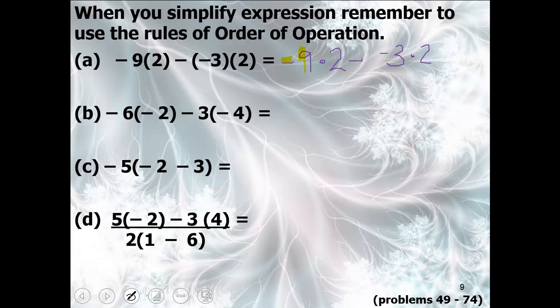Negative 9 times 2 is negative 18. Minus negative 3 times 2 is negative 6. Now I'm subtracting a negative number. So what does that become? Negative 18. Subtraction of a negative becomes plus, add the opposite of negative 6. And my answer is negative 12.